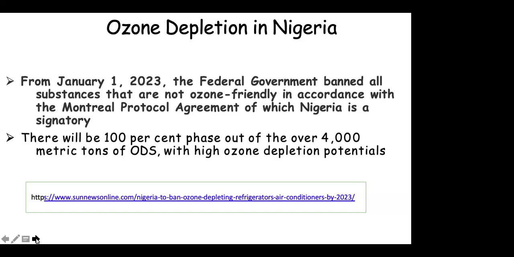The Nigerian government said from January 1, is any of us in this class aware that there's any policy like that? I'm not aware. No, we're not aware. We're reading it on pages of lecture notes now.